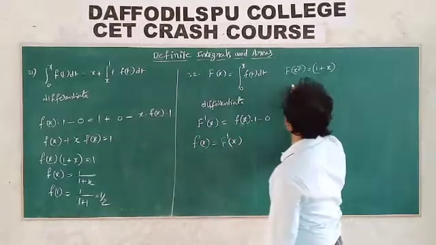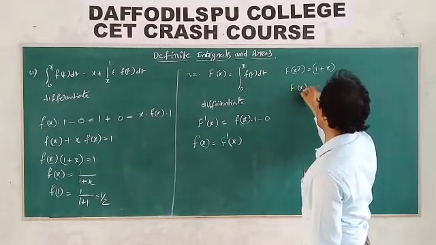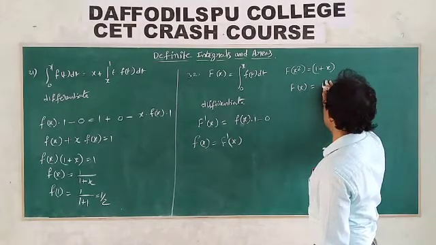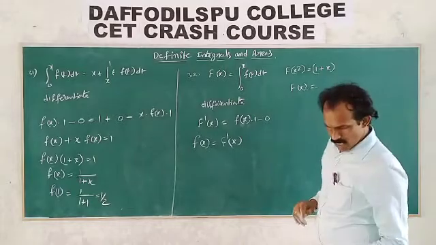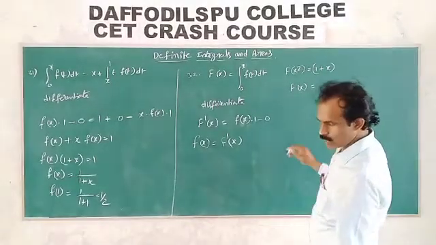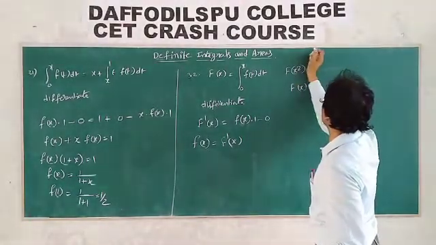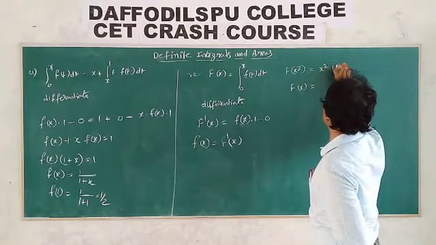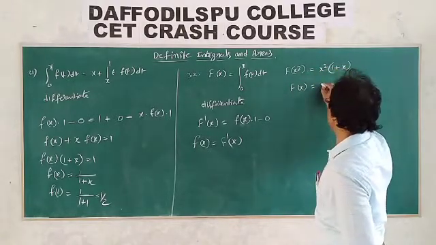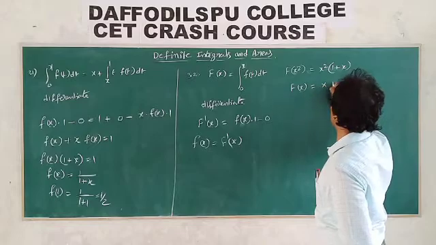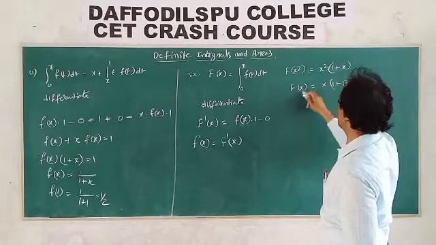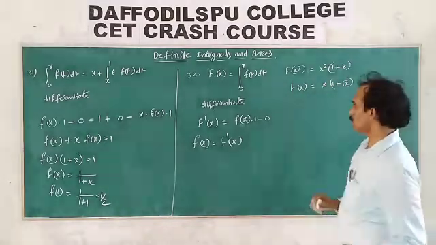By the given function, we can write f of x is equal to the function 1 plus x, f of x square into 1 plus x, so x into 1 plus root x. In place of x, substitute x only.